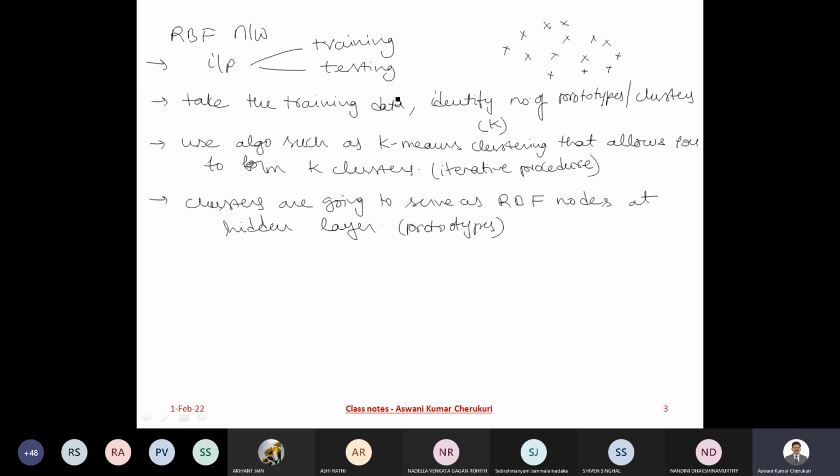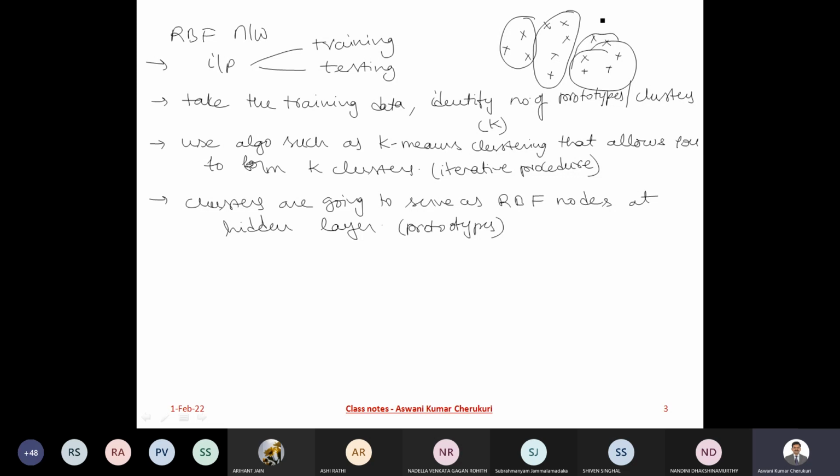How does it form the clusters? Say, take an example where you want to form 3 clusters, something like this.